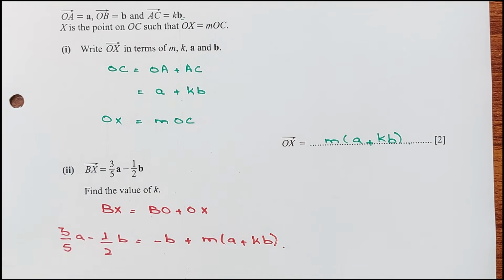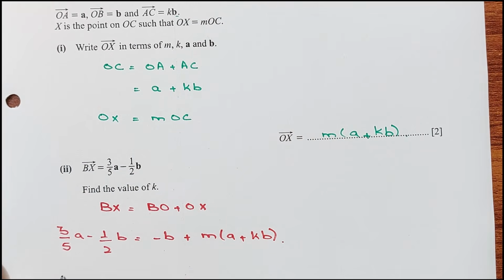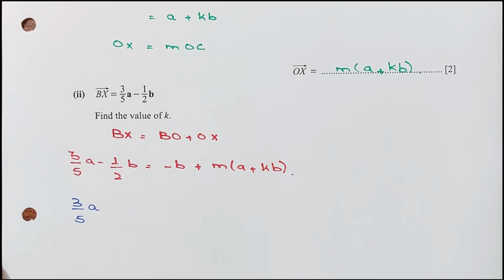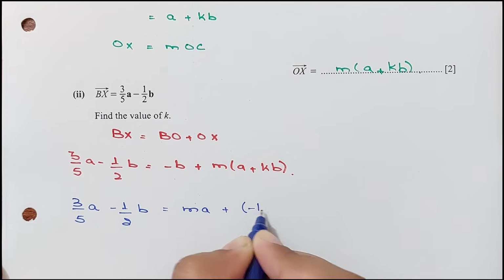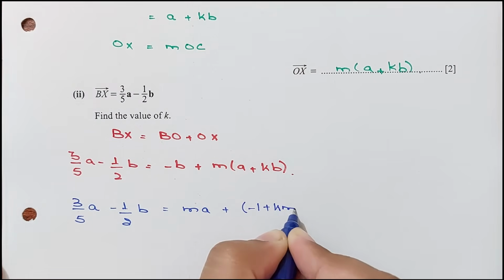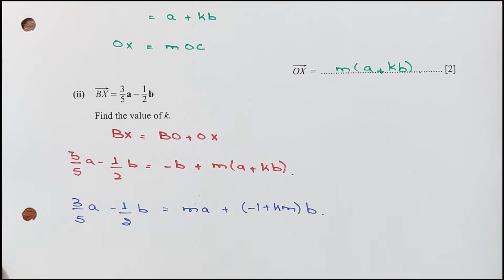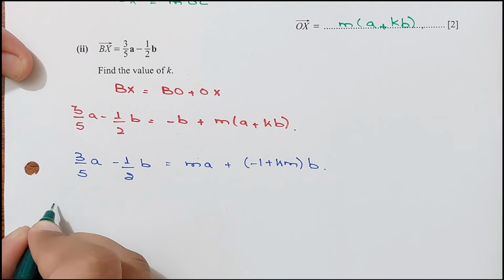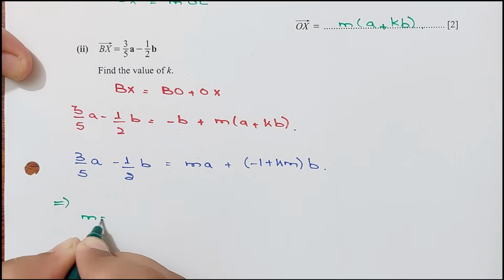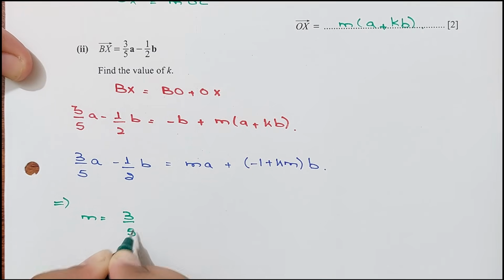Okay, let me simplify the A's and the B's. So this is 3 by 5, the A coefficient is 3 by 5 and the B coefficient is minus 1 by 2, and here the A coefficient is M and the B coefficient is minus 1 plus KM, right? Now let me compare. If I compare A with A, from here we have the M value is 3 by 5, right?